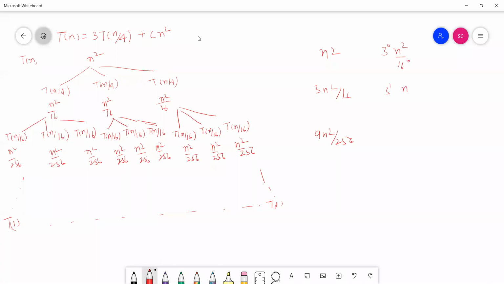This is 3 to the power 1 n square upon 16 to the power 1. This is 3 to the power 2 n square upon 16 to the power 2. Similarly, at the kth level, we have 3 to the power k n square upon 16 to the power k. I hope this is clear, class. Yes, sir. Okay.